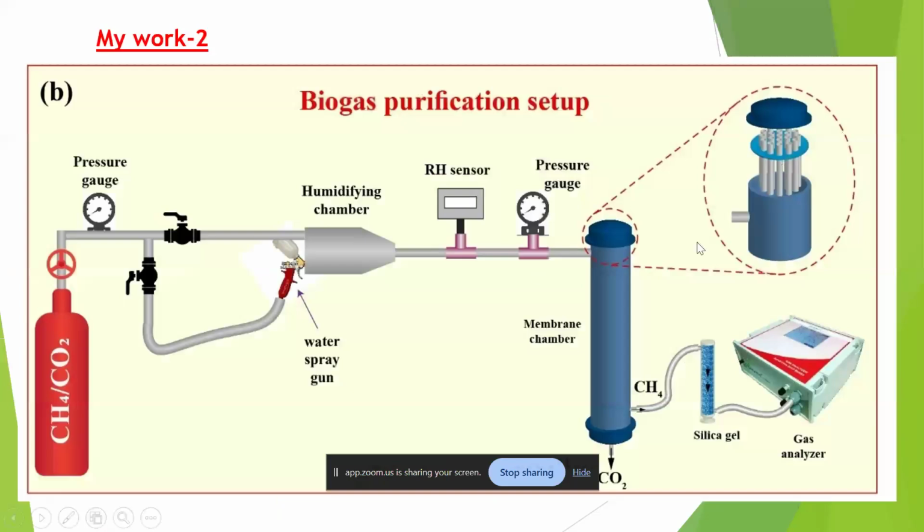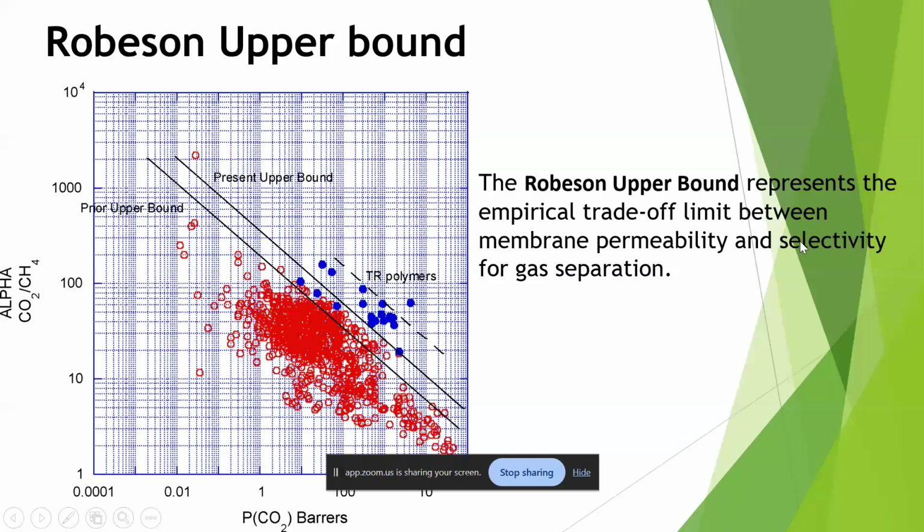This is a more commonly used hollow fiber module design, where the modules are stacked and fixed on both the sides using epoxy, and then the gas is passed through and gets separated. So this was the selectivity and the permeability that I was talking about.